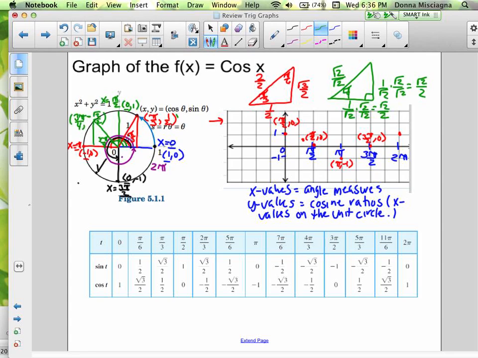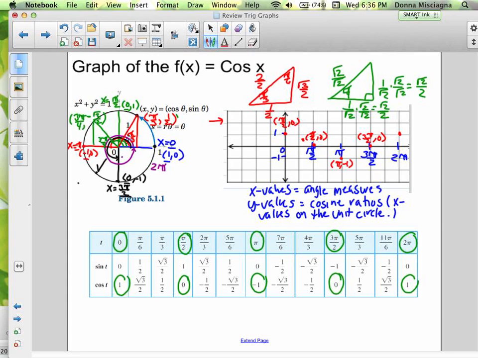So we limit ourselves to those x-intercepts and maximums and minimums that are actually easy to graph. And let's connect our points, the ones that we did graph, and we will have the graph of cosine.